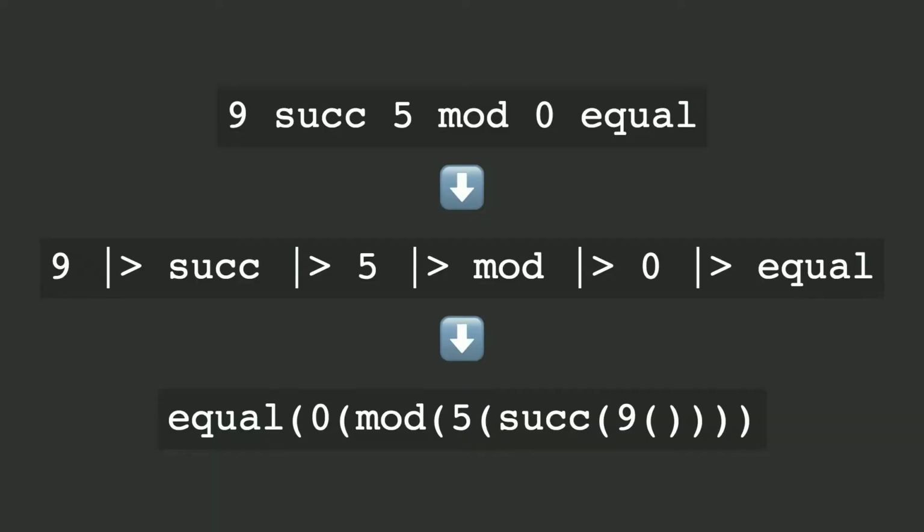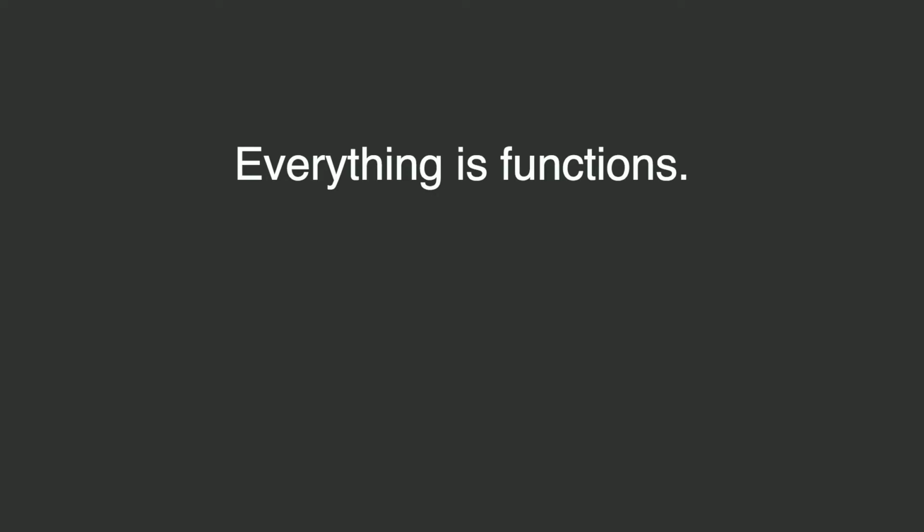The concatenative language is the wrong way around because it's using something called postfix notation. The function call comes after the arguments, but the thing is, arguments aren't really arguments in here. Arguments are also functions. So the magic sauce of a concatenative language is that everything is functions.